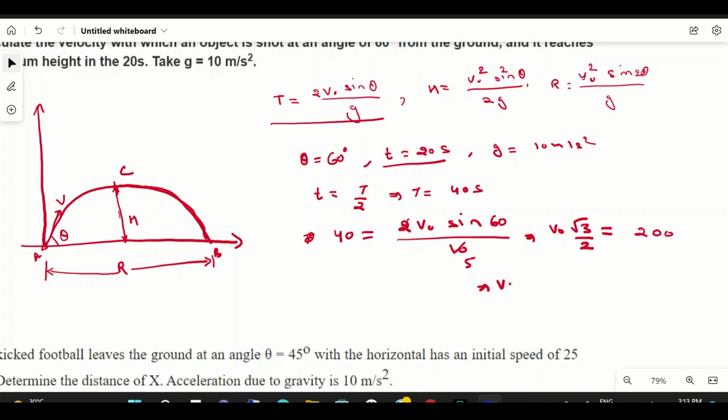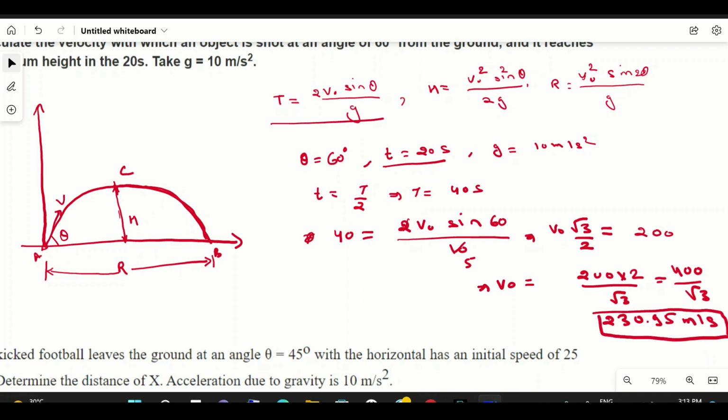So V naught is 200 into 2 by root 3, which is equal to 400 by root 3. If you will calculate this from the calculator, then you will get 400 divided by root 3 is equal to 230.95 meter per second. This is the velocity of this particle.